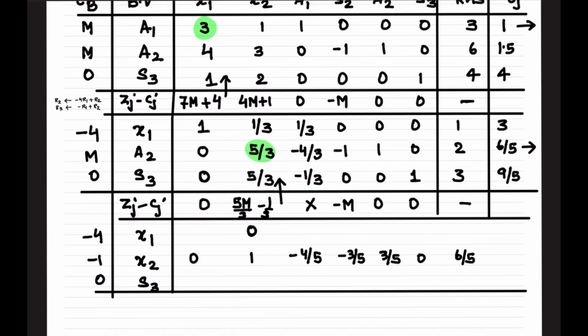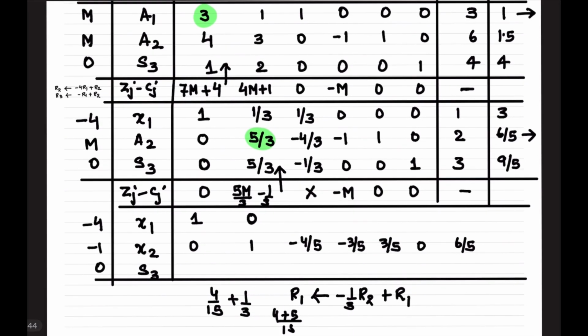So what is the operation? To change row 1, you do -1 by 3 into row 2 plus row 1. So this would be 1. Multiply this by -1 by 3, minus minus plus, so this would give you 4 by 15 plus 1 by 3. So this gives you 9 by 15. So 9 by 15 is 3 by 5.